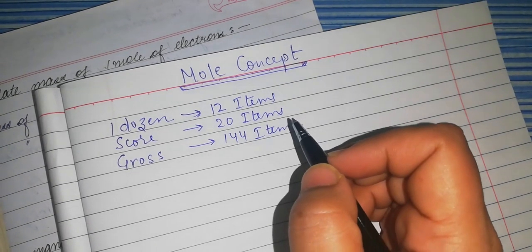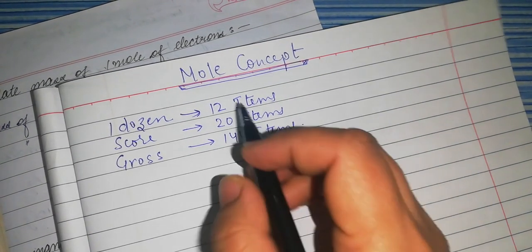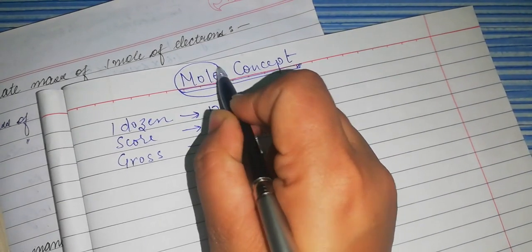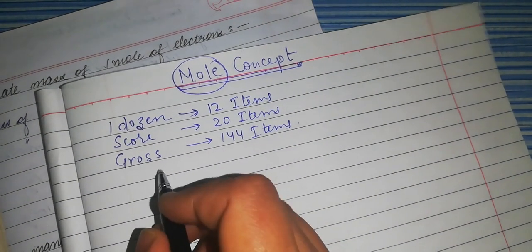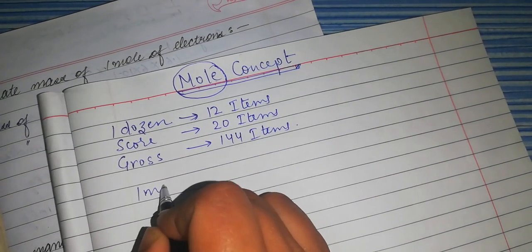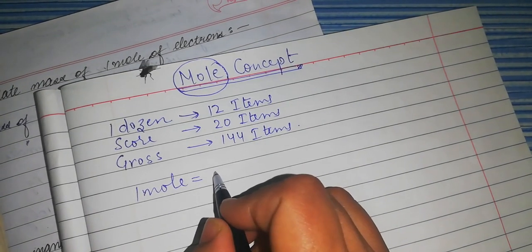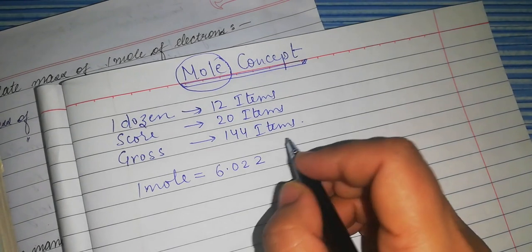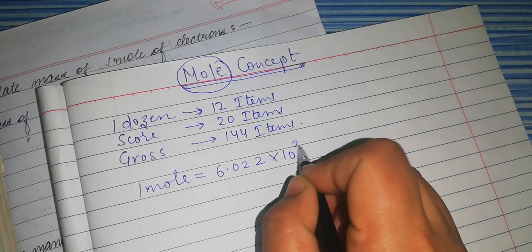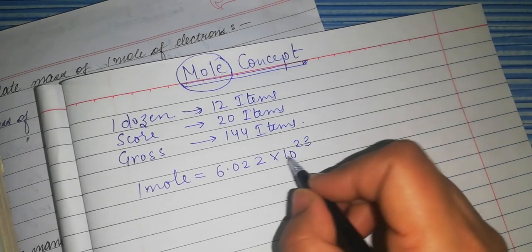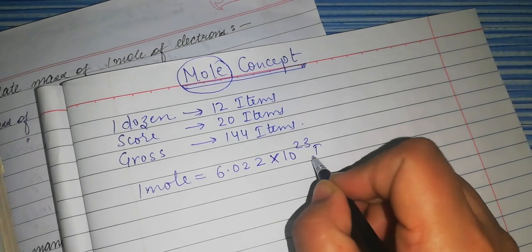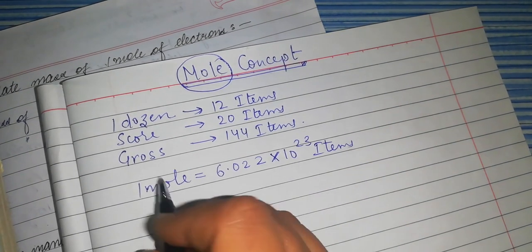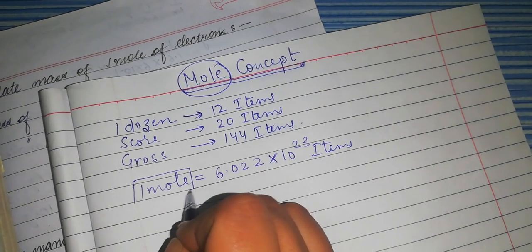In the same way, the term mole is used. 1 mole contains 6.022 into 10 raised to power 23 of any items right now.